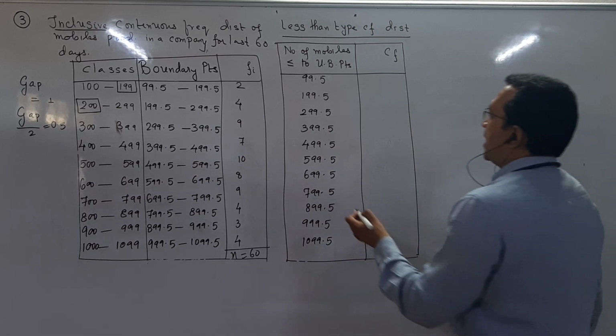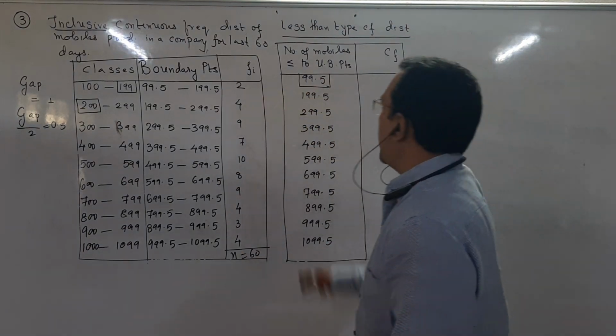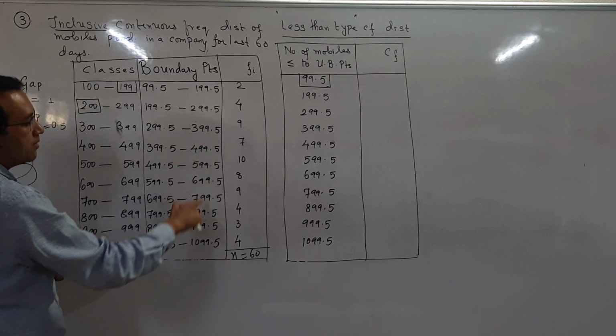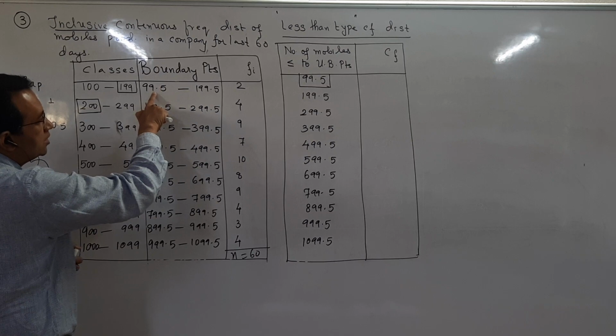Students, this is a value before. According to definition, we have to only use upper boundary points, but a tradition is to start with the value before.